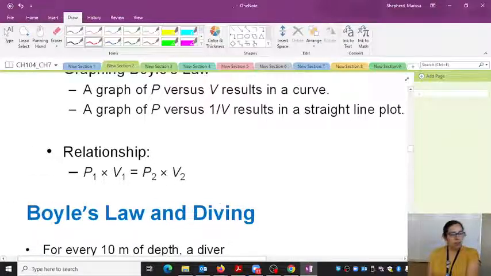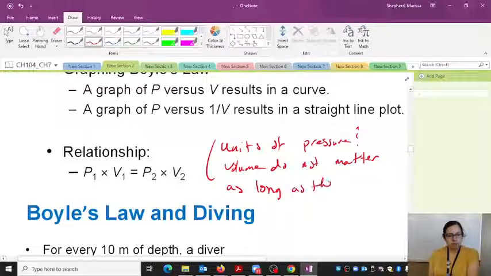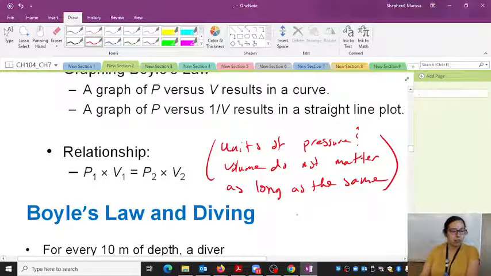And if you're using this formula, units of pressure and volume do not matter as long as they are the same. So we could do torr and torr, milliliters and milliliters. You just don't want to mix them up, like milliliters, liters, and ATM and torr. That would give you a disaster. So this one doesn't matter so much, just be consistent with your units.